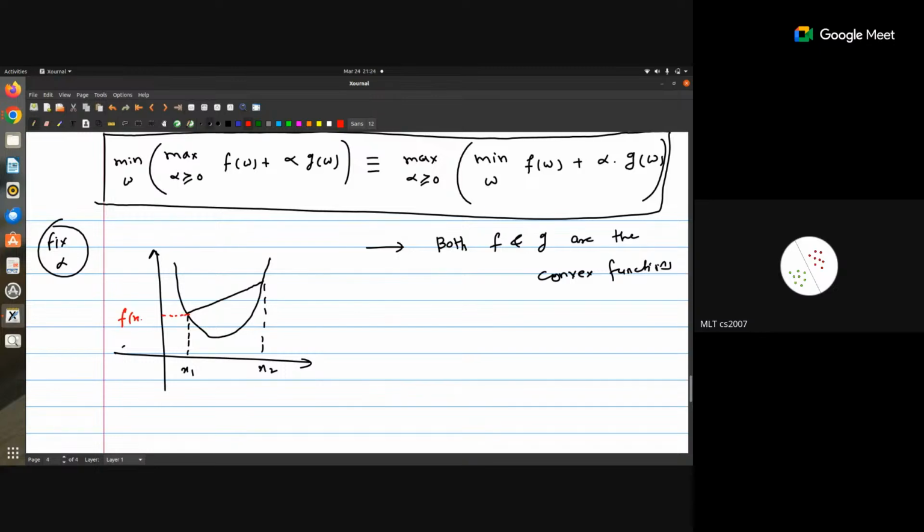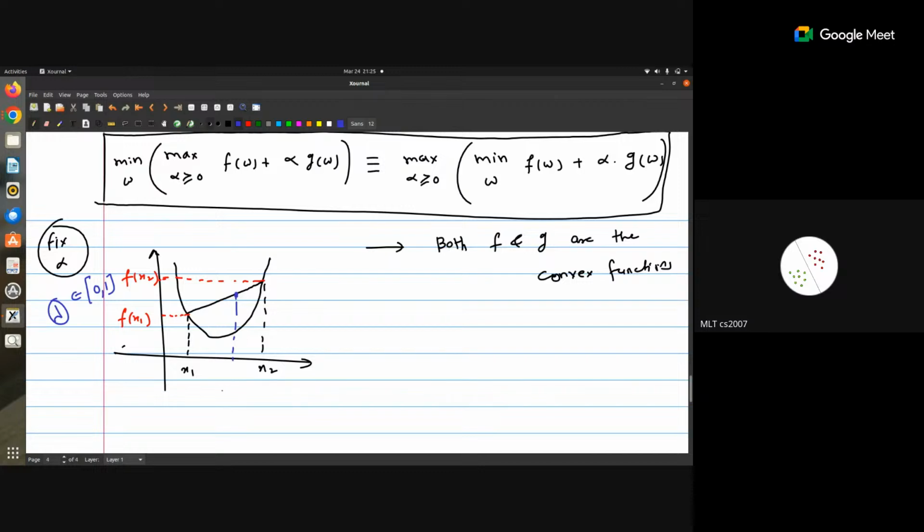This is f of x1, the actual functional value for x1, and this is f of x2. Now we say there exists some lambda whose value lies between 0 and 1, and the line joining these two points, based on this lambda, gives a point.